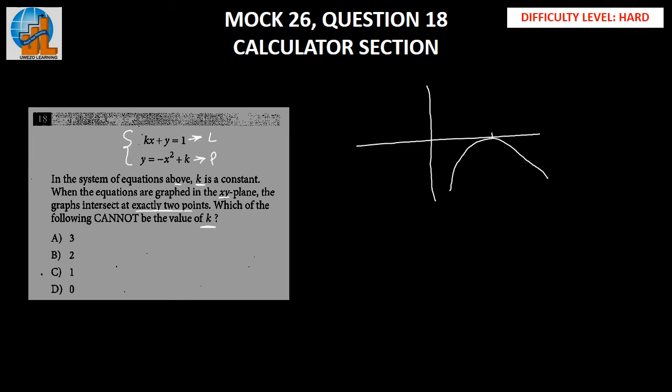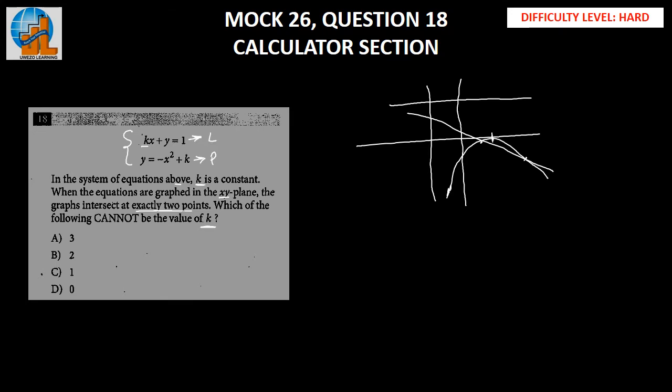We don't know what these coordinates would look like, and the only way this parabola and line will intersect at 1 point or less than 2 points would be either this line is parallel to the x-axis or this line is parallel to the y-axis, because if this line is inclined to the x-axis in any way, this will cut the parabola at 2 points. So let's just see for what value of k this line will be parallel to the x-axis or the y-axis.